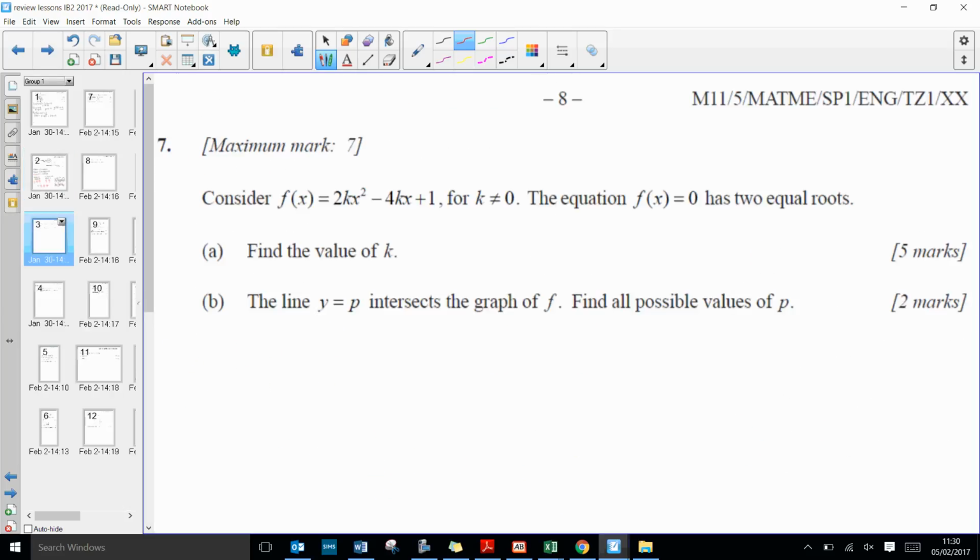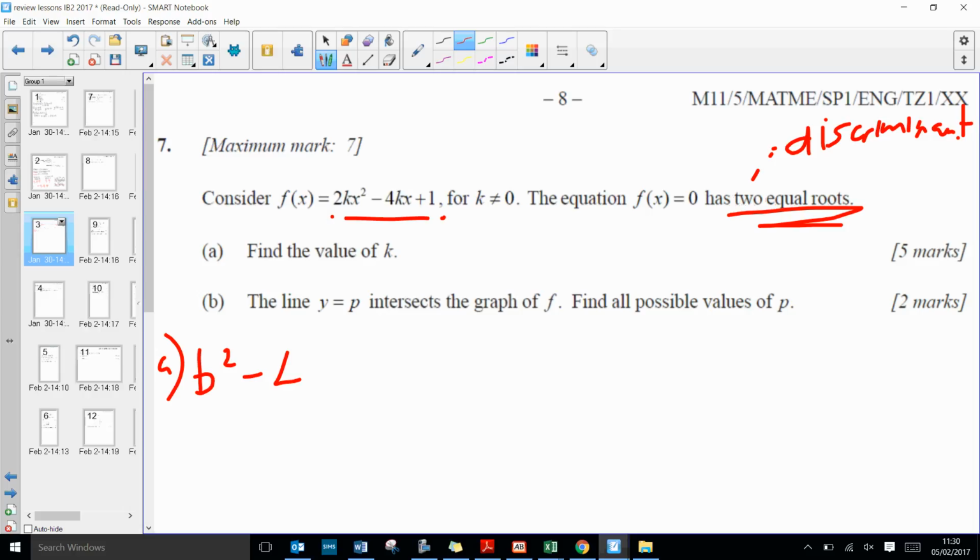Okay, so we're looking at where we have two equal roots. So that indicates we're looking at the discriminant. And the discriminant of a quadratic expression is given by b squared minus 4ac. So a in this case is 2k, b is negative 4k, and c is 1.